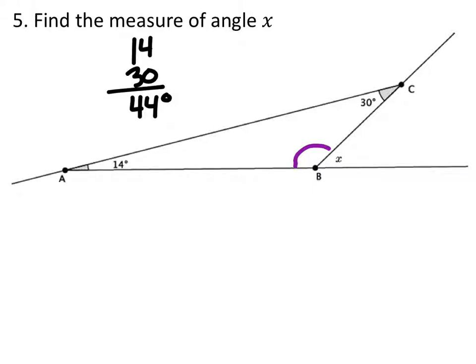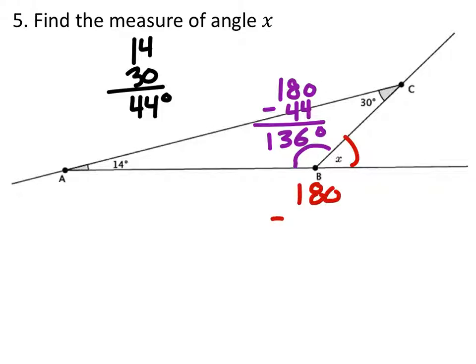Now the purple one would be taking 180 degrees and subtracting those two angles, which would be 136 degrees. Then we've got this red angle, angle X, which is 180 degrees with that purple angle. So we would take 180 and subtract 136, which is 44 degrees.